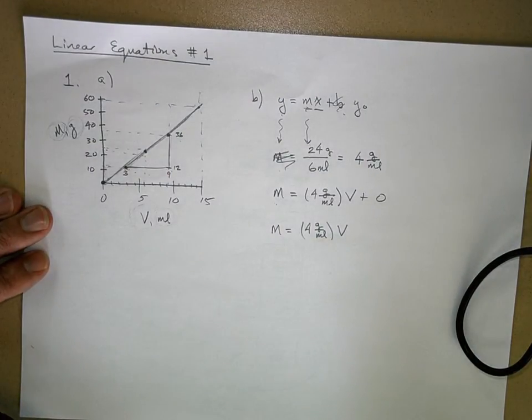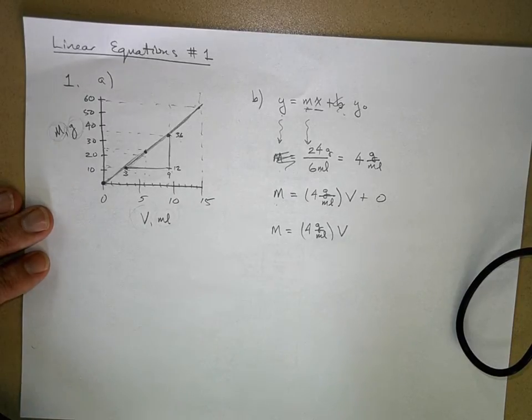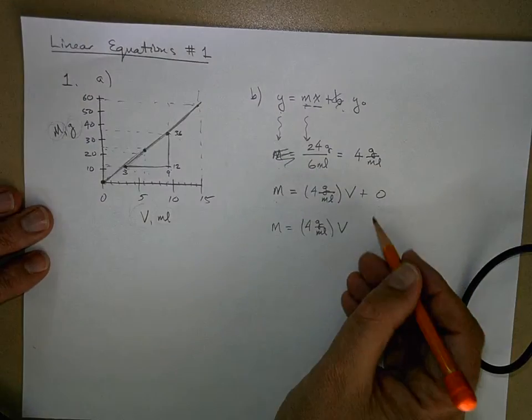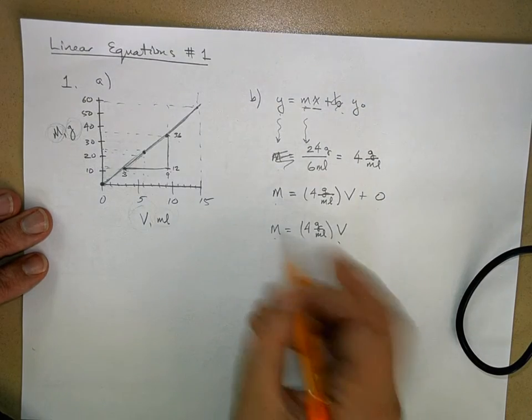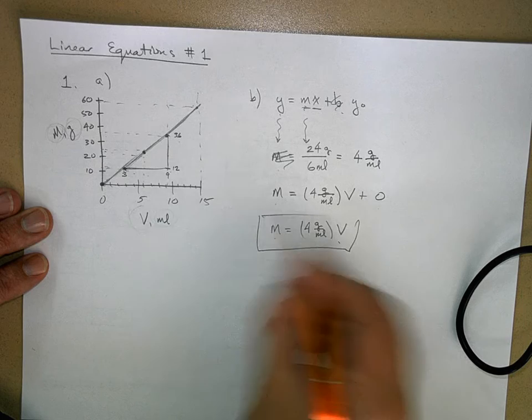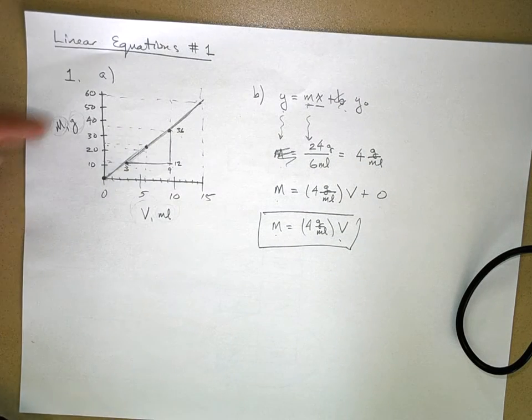Okay, and so that's part B. Include units in your slope and vertical intercept. Well, we don't have a vertical intercept, it's 0, but we do have a slope, and we included the units and the variable names, so that is our mathematical model that describes how the mass is varying with volume.